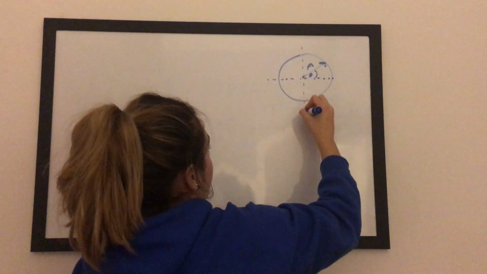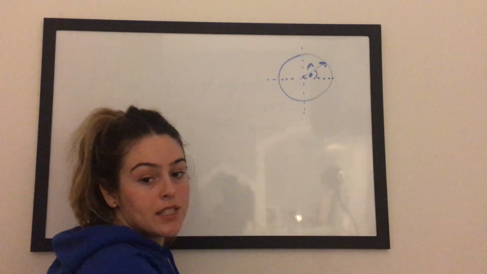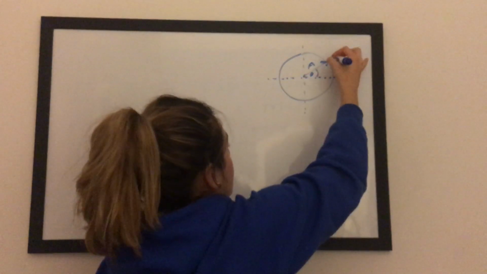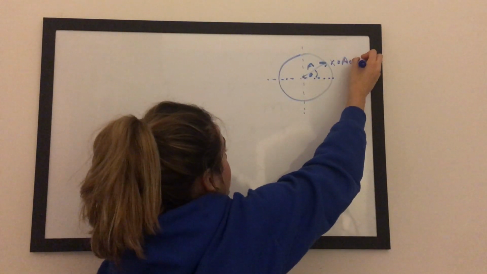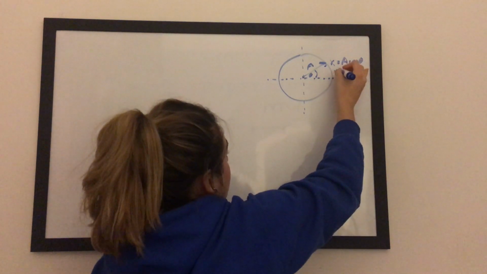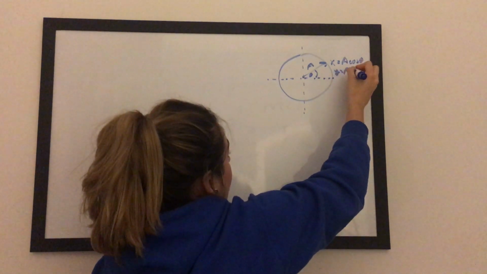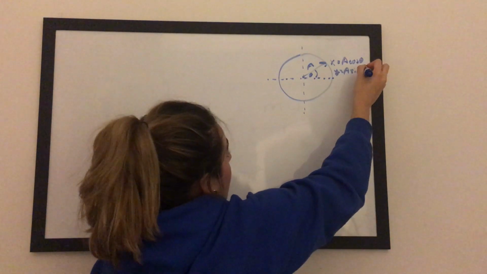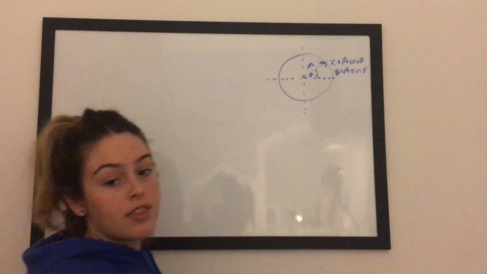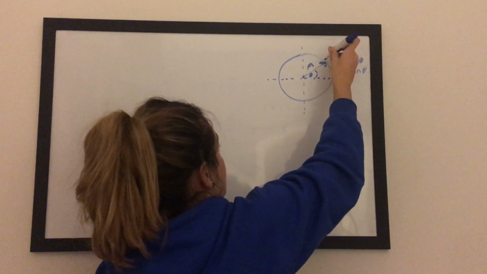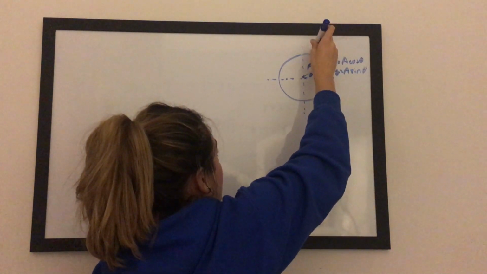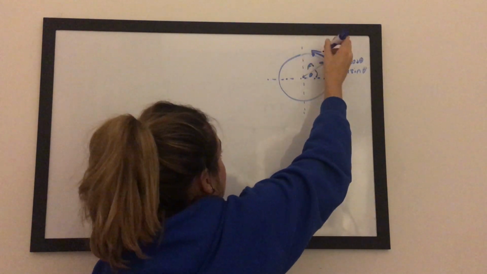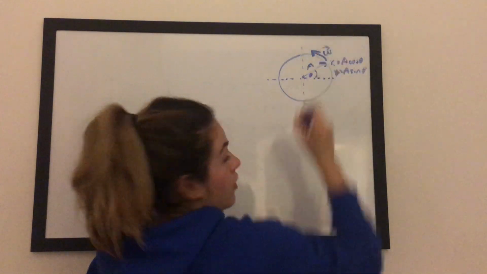Okay, so essentially here x is going to be equal to a cosine theta by basic trigonometry, and y is going to be equal to a sine theta. And then we know that the object or particle is moving in this direction with an angular velocity.